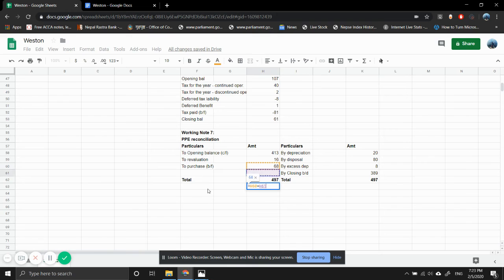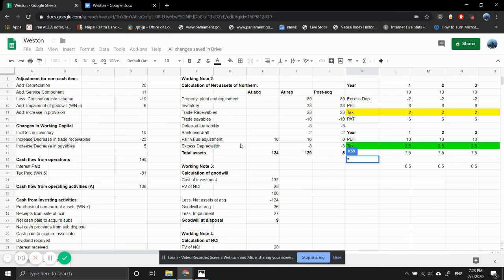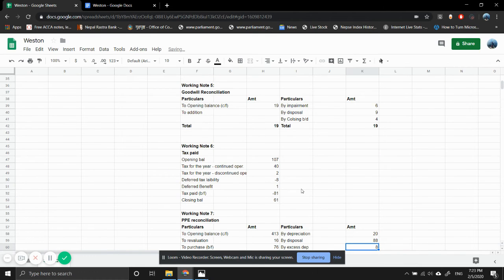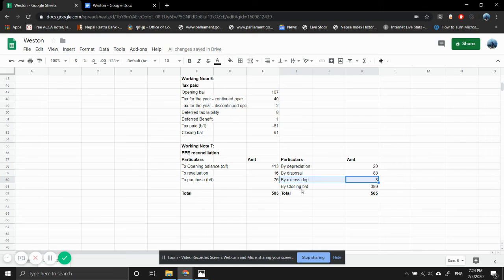Okay, so you can get this figure plus this figure. Okay, nothing about that, right? Okay, interesting. So what we need to find out is that the disposal is this plus this plus this. Okay, so 88 directly we'll just write it. We won't write this excess depreciation or anything of that sort. So same thing over here as well.